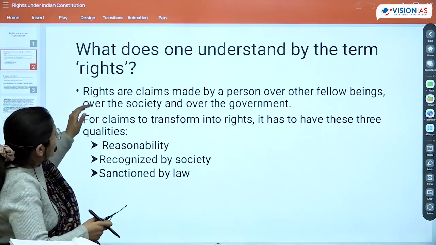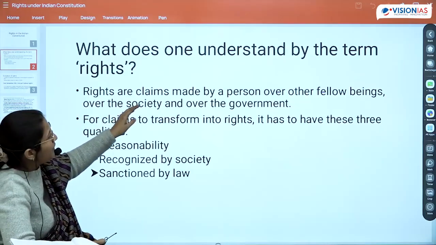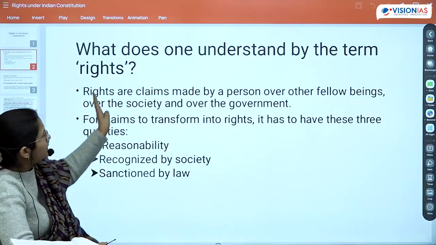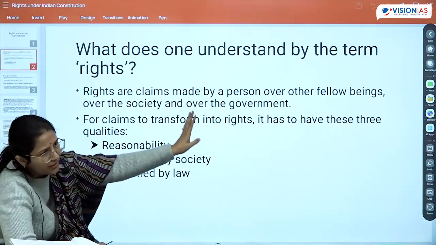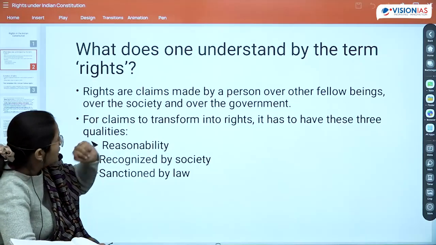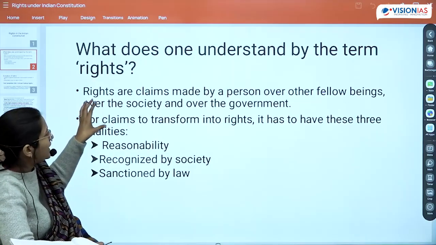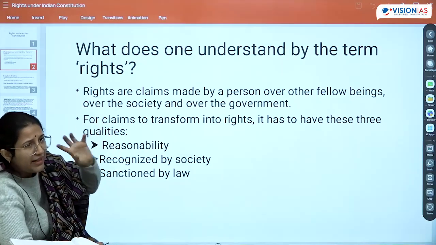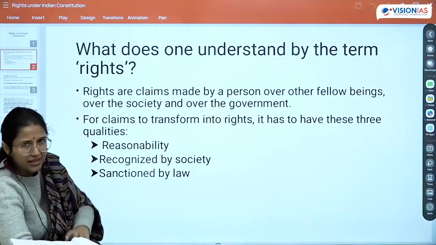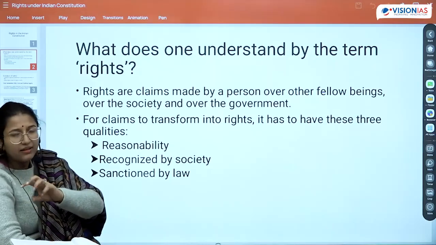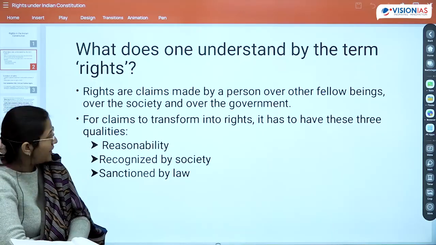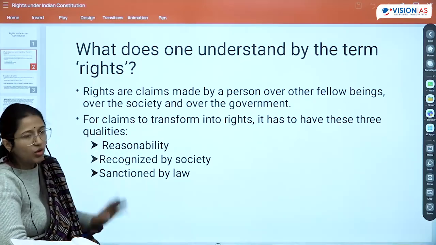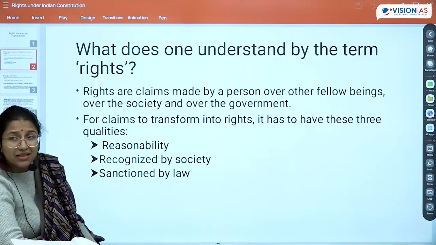So basically, rights are claims made by a person over other fellow beings, over the society, over the government or the state. Fine. And for any claim to transform into right, right क्या है? जो legally recognized है ना? उस पे consensus है कि हाँ ये तो इसका right है. So for it to transform into right, it should have three qualities. It should be reasonable.